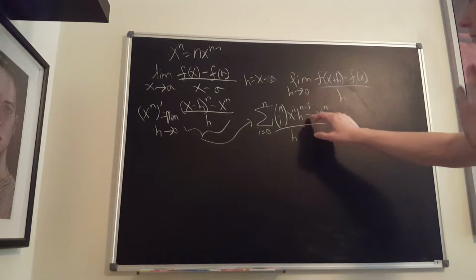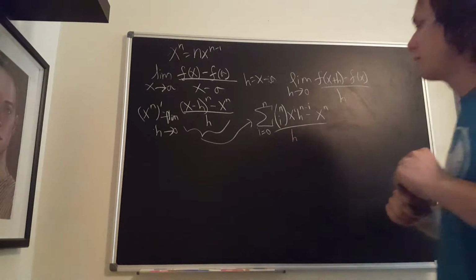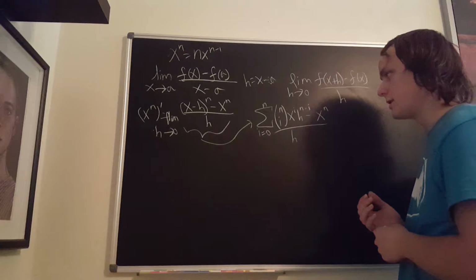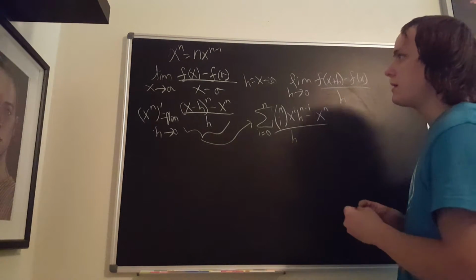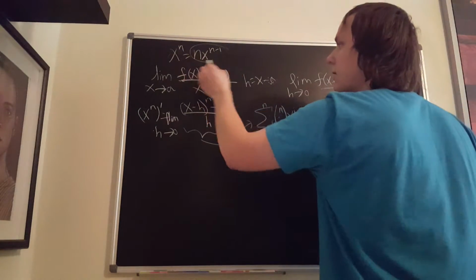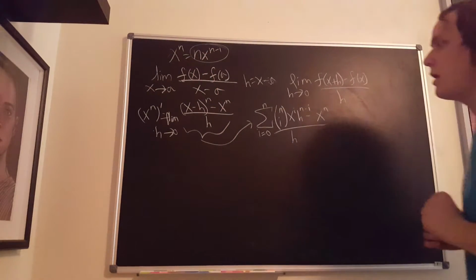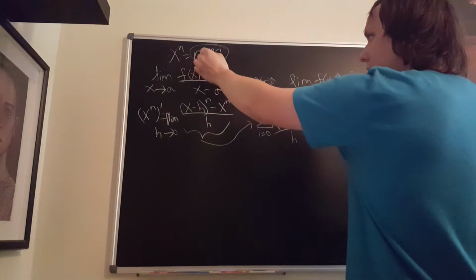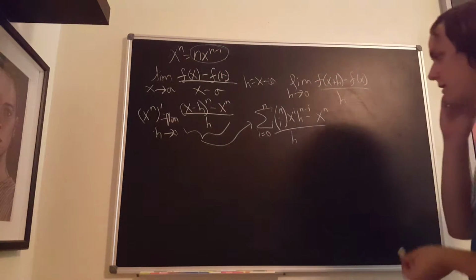So in this case, we need to get rid of our x to the n, which we know is, of course, the last term of the binomial expansion. But we also need to pull out our nx to the n minus 1 term, which is going to be our second to last term.